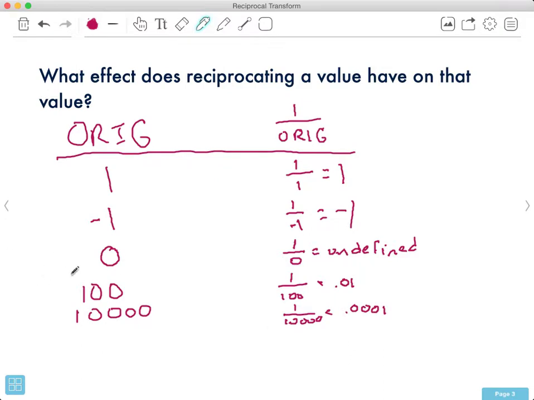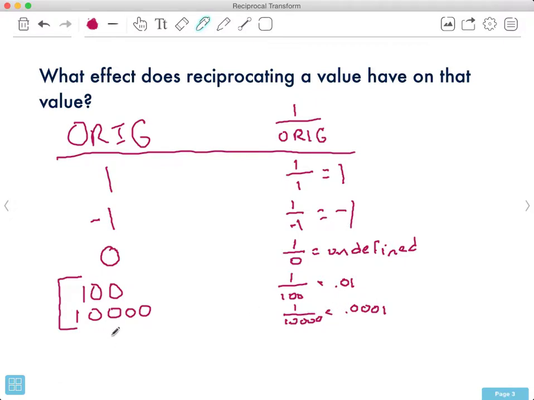So what we can pull out of this is that as the original number gets larger and larger, the reciprocal of that original number gets smaller and smaller. It never gets to 0. If you imagine an original number of 10 billion, you would get 1 over 10 billion, a very, very small number, which would still be higher than 0, just not much.